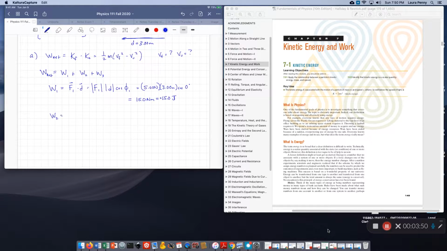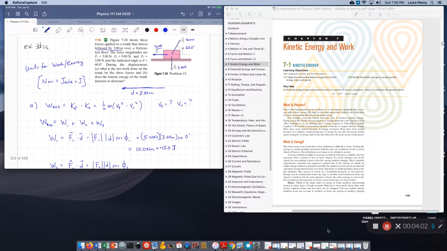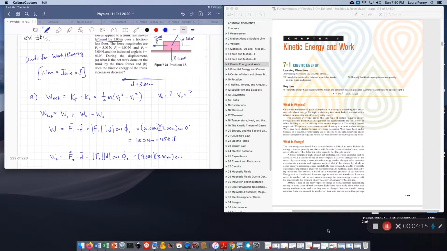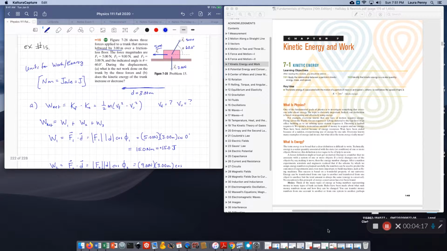Work by force 2 is going to be force 2 times the displacement, or the amount of force 2 times the amount of displacement, times the cosine of the angle between force 2 and the displacement. Well, the amount of force 2 is 9 newtons. The displacement is still 3 meters, but the angle is not 0. So let me redraw this.